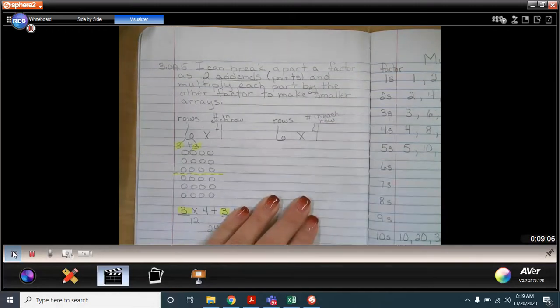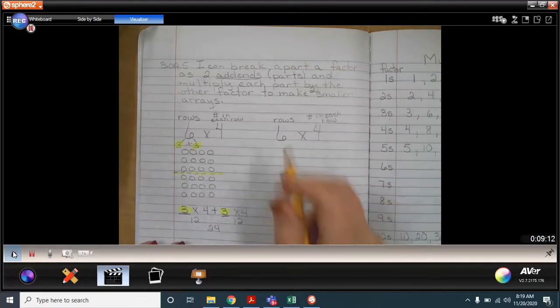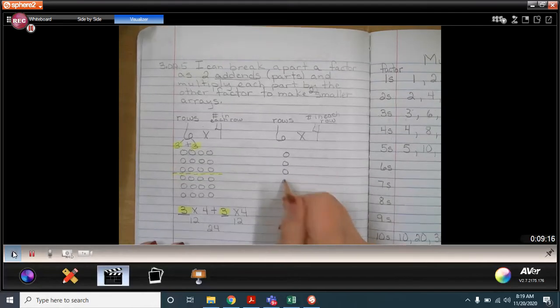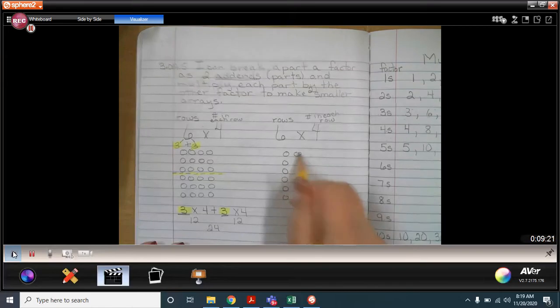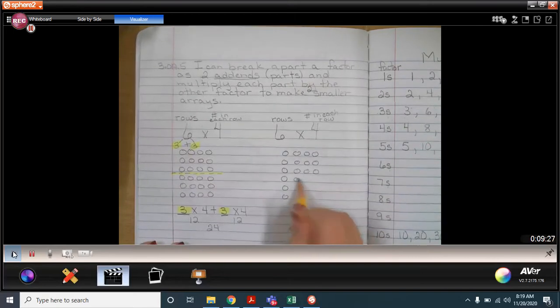Now, I can break apart my second factor, but that's going to change the number of objects I have in each row. So I'm just going to recopy the same array that I had here just to demonstrate for you what it looks like if we break up the second factor instead of the first factor.